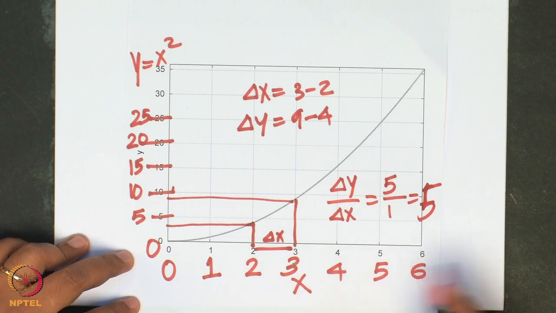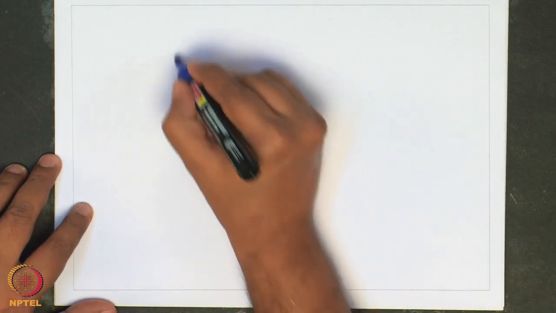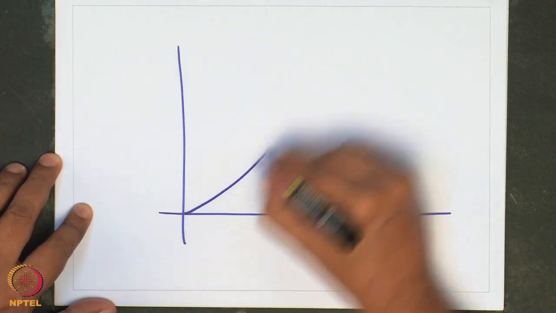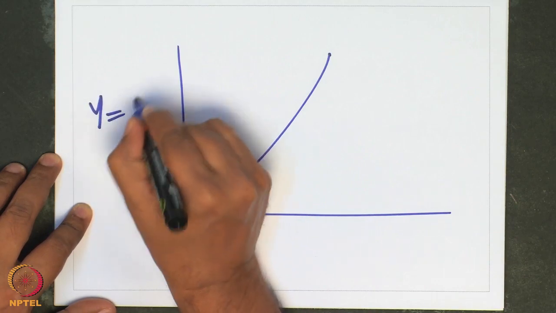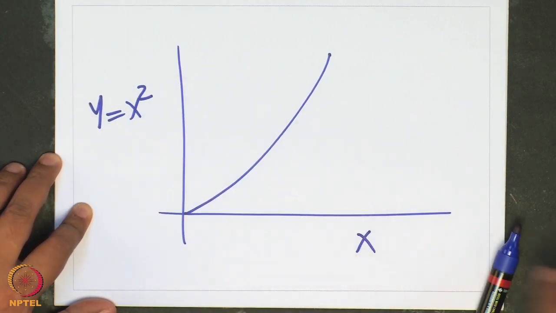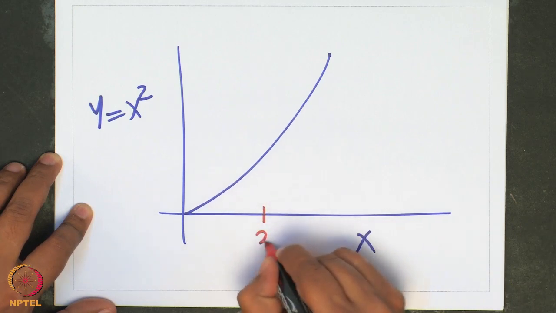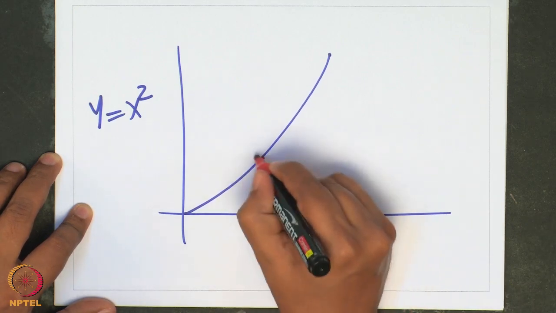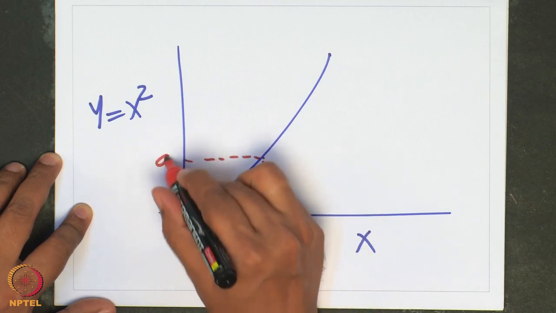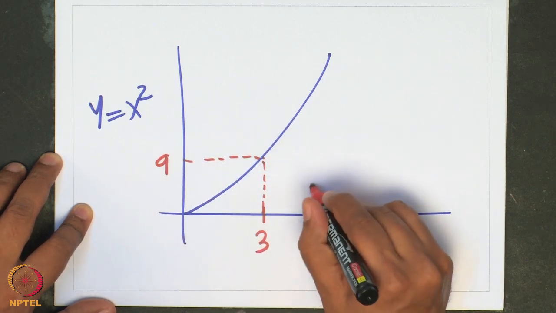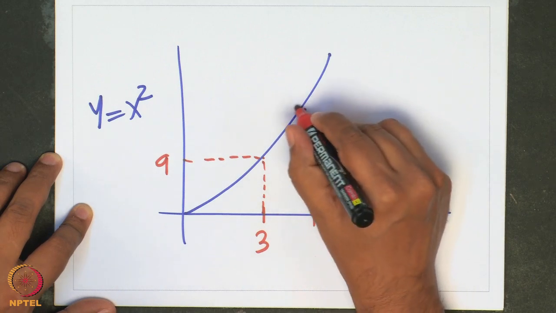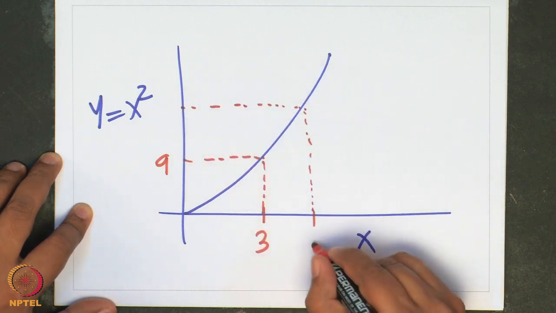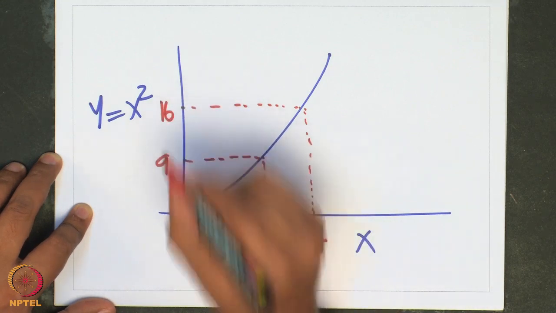Similarly, one can do the same between 3 and 4. So this is y is equal to x square and this is my x. If the value is 3 here, correspondingly here it will be 9, and if you have 4 here, correspondingly this will be 16.